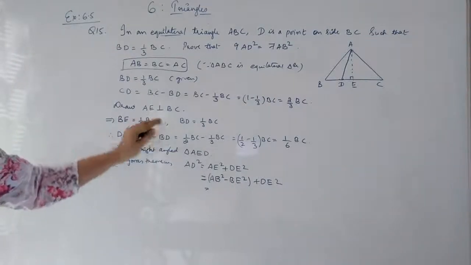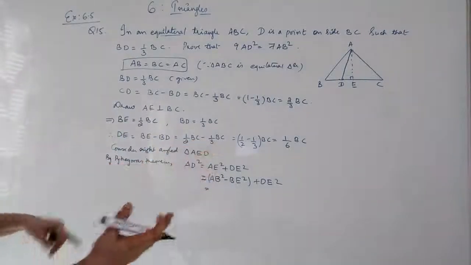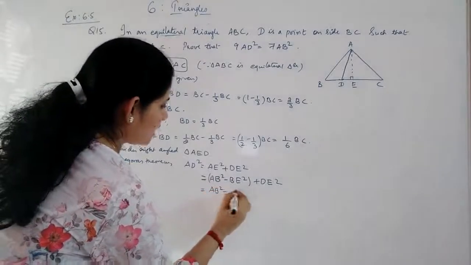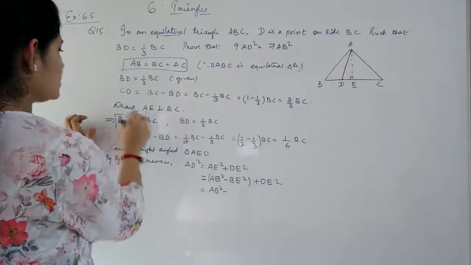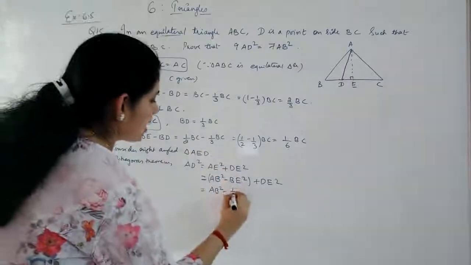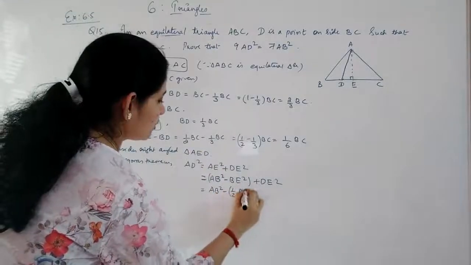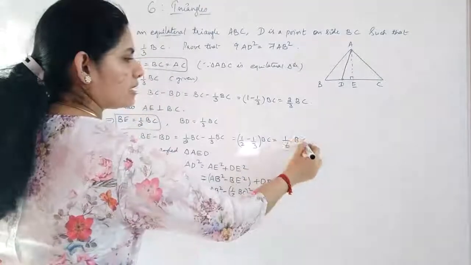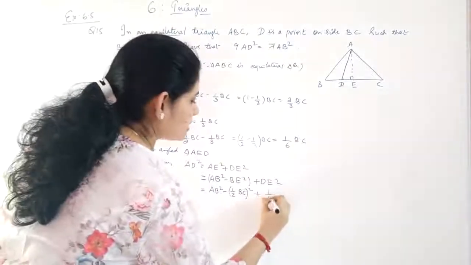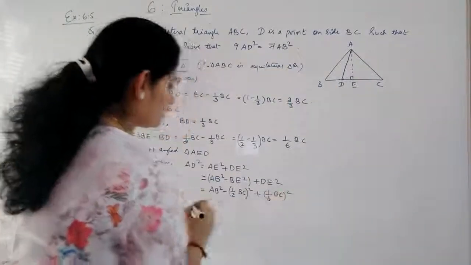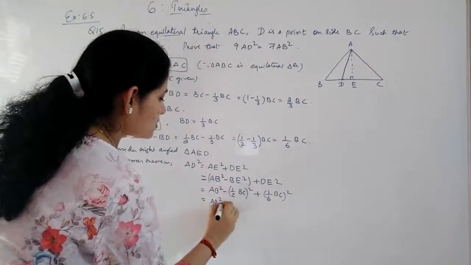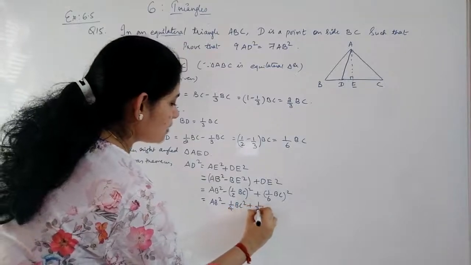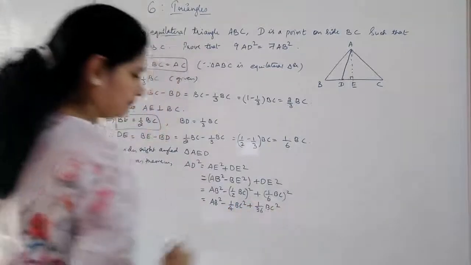Now our purpose is to replace everything in terms of one. That means AB square minus BE, we substitute this value, which is half BC whole square, plus what is DE? You have got it to be 1 by 6 BC, 1 by 6 BC whole square. So you have AB square minus 1 by 4 BC square plus 1 by 36 BC square.